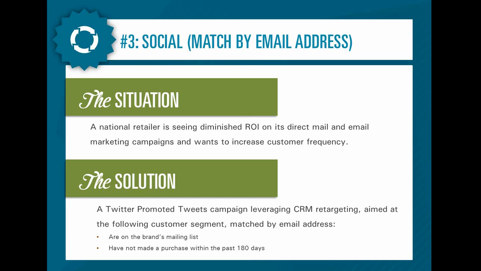But we haven't had the opportunity to pair it with real, actual customer data or prospect data from a database that we're working with, to hit a current audience that we're actively engaged with already to increase customer frequency. The best case scenario right now when we target in any social media network is to say people who are following or who have liked our brand, and hope that those people are engaged and are at a point in the process that we like.